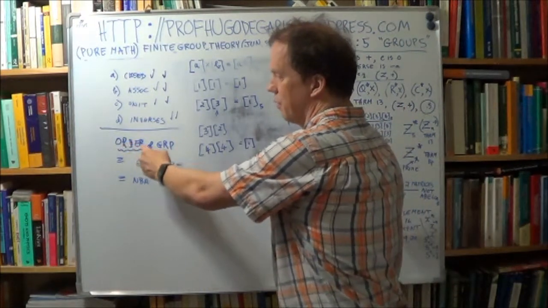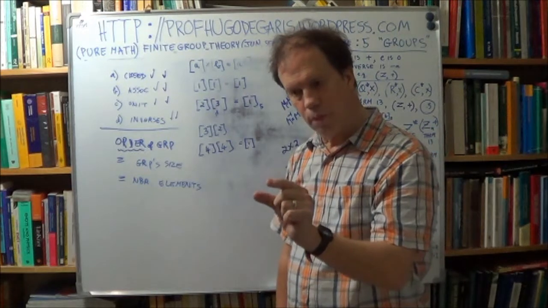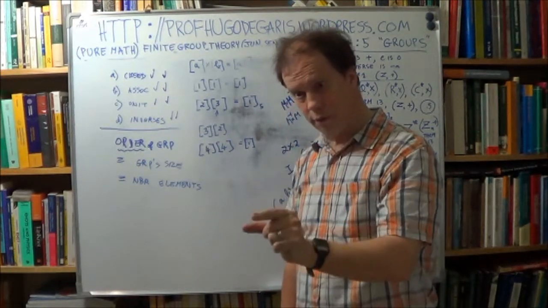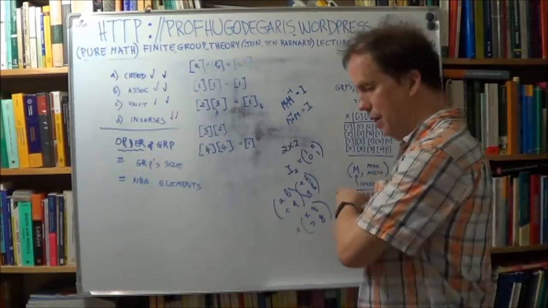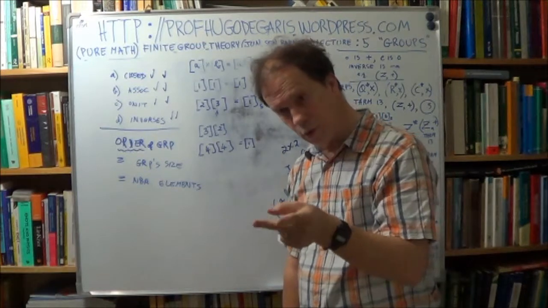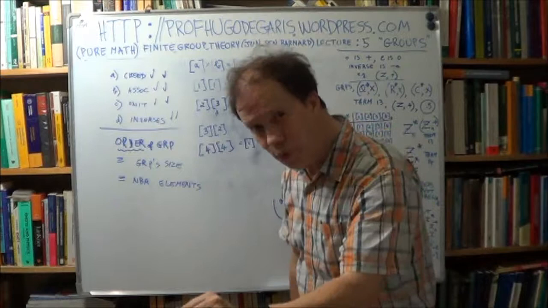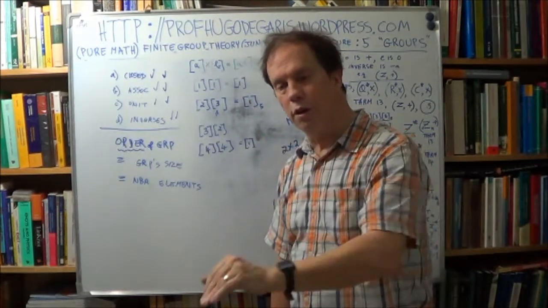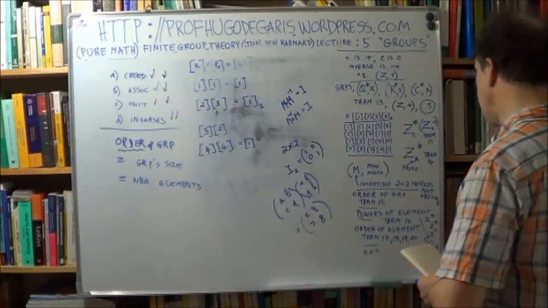And the other use of the word order, you apply the term to an element of the group. And we'll talk about that in a minute. But be conscious that there are 2 different uses of the word order within the context of group theory. There's the order of a group, and there's the order of an element of the group. Okay?